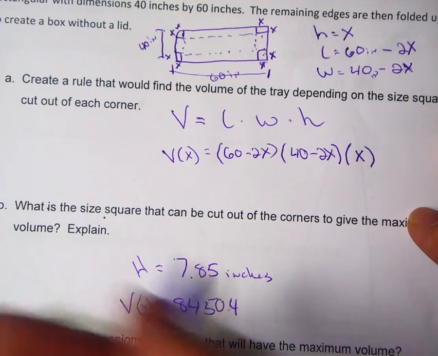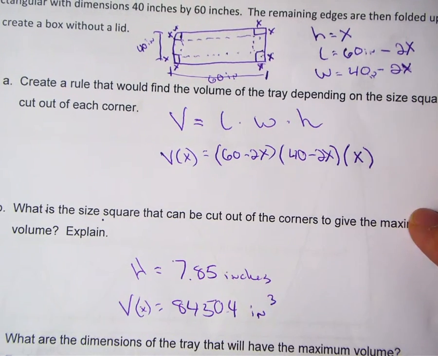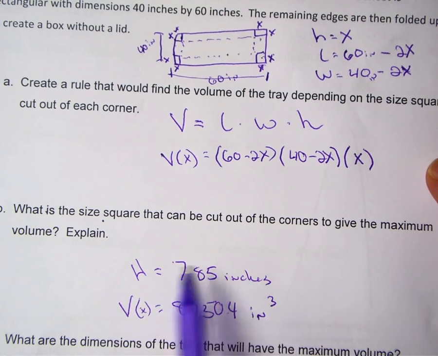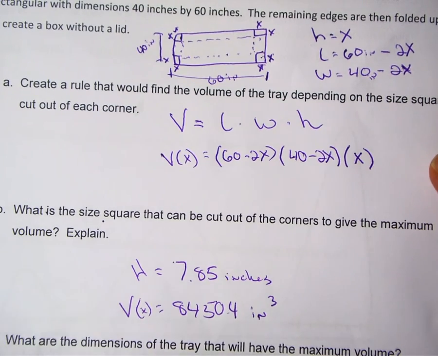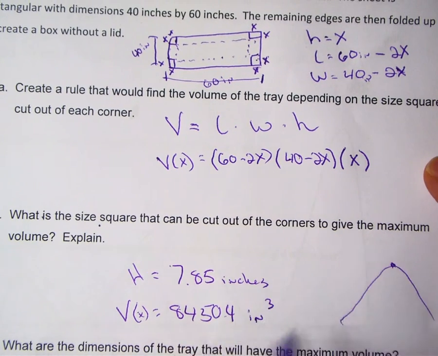There's more after that, but cubic inches. All right, and an explanation of that is just that's the maximum volume. That's the maximum of the cubic. That's that point right there.